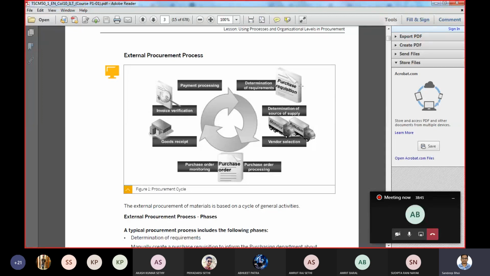So after you send your requirement, what will the company do? The purchasing organization will act. Suppose you require 100 ton of composite material.